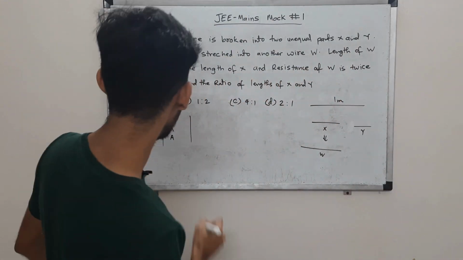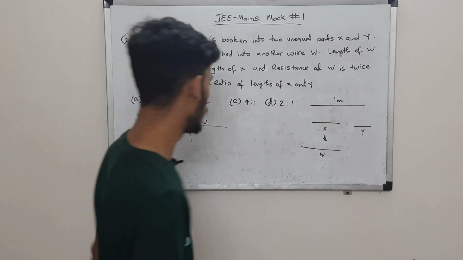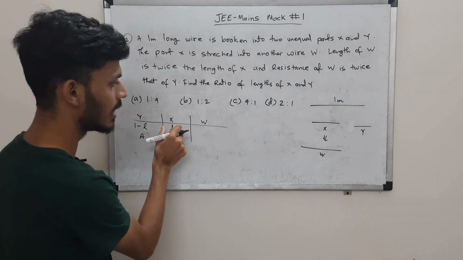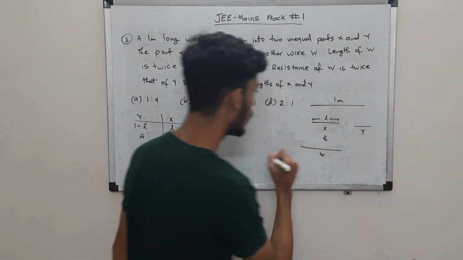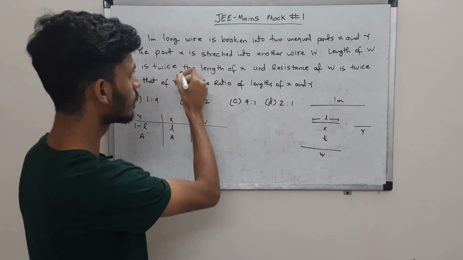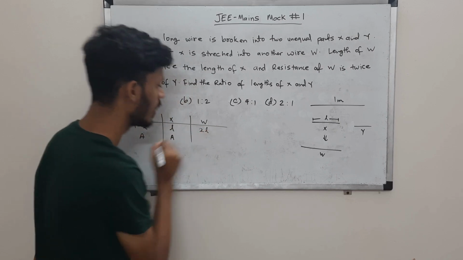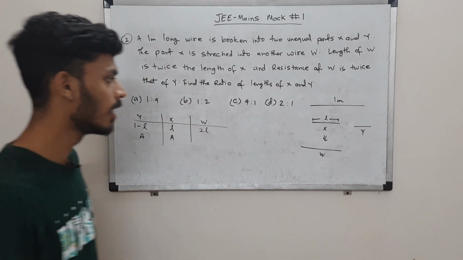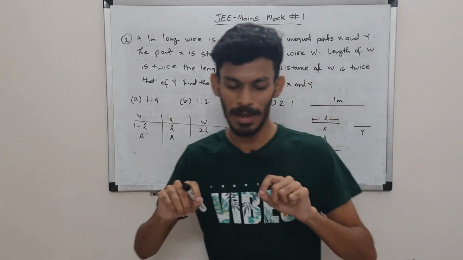Okay, so for wire W, we are going to stretch it 2 times the original length, right? From x, which has length L, we are going to make the length 2L. The length of W is twice the length of x, so 2 times L. In doing so, the area will decrease.